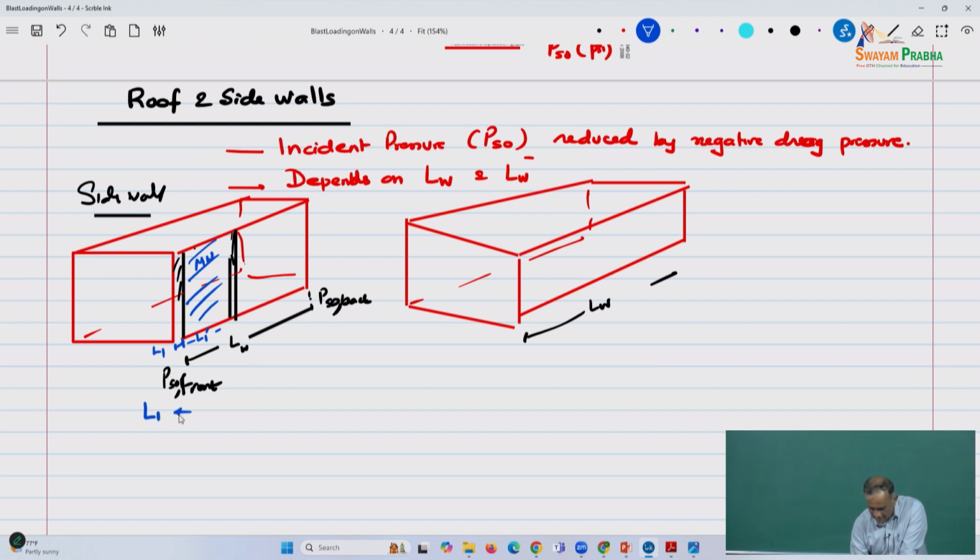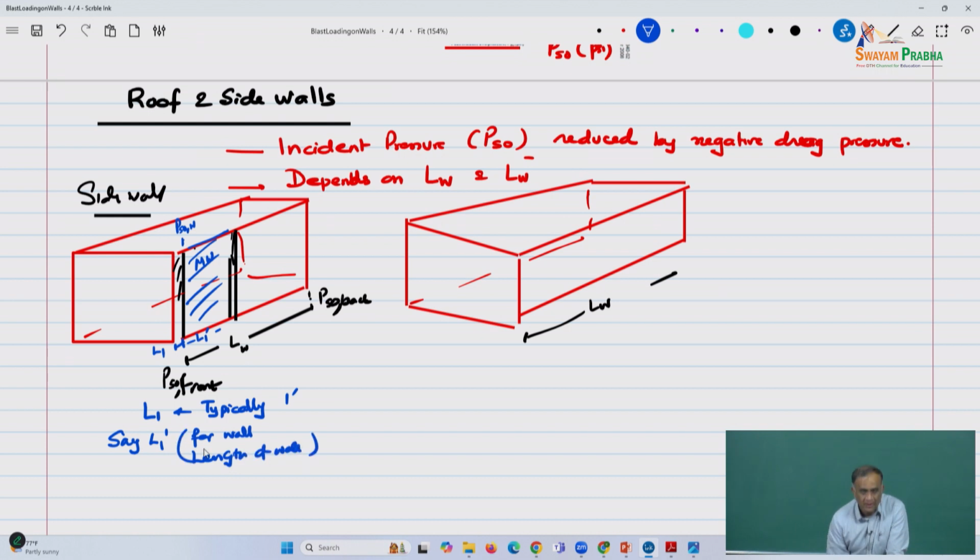If you're designing a column, or if it is just a full wall, this is your choice. L1 is typically 1 feet, the first 1 feet, because you'll see later there is a coefficient that depends on the choice of L1. So if you're designing the wall, you might start the side-on pressure here, PSO, let's say W, and then you might consider L1 prime to be the length of the wall, again subjective.